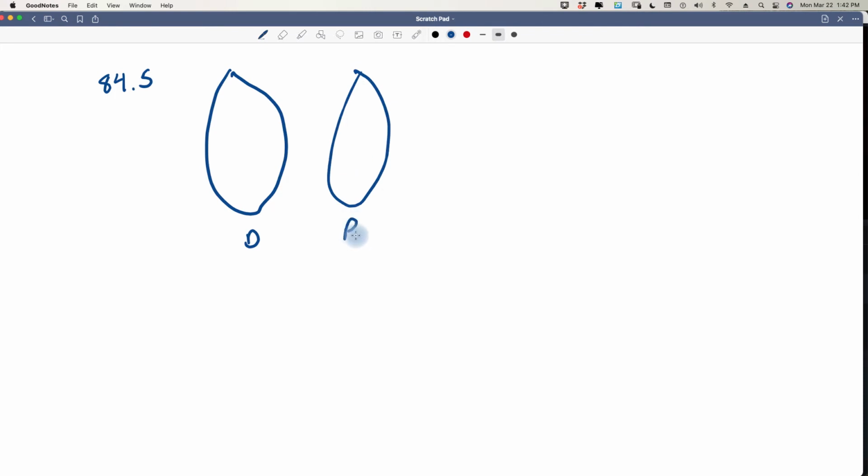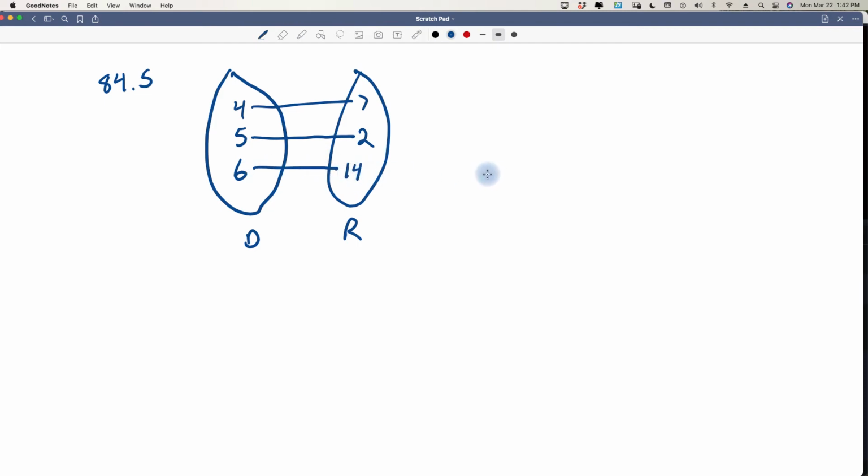All right, let's do some example problems with this. Let's do 84.5. Here is our domain, and here is our range. We have x values of 4, 5, and 6, and 4 maps to 7, the 5 maps to 2, and the 6 maps to 14.